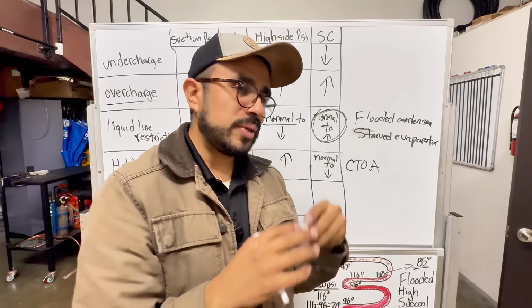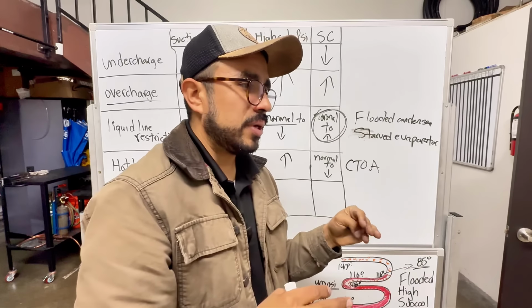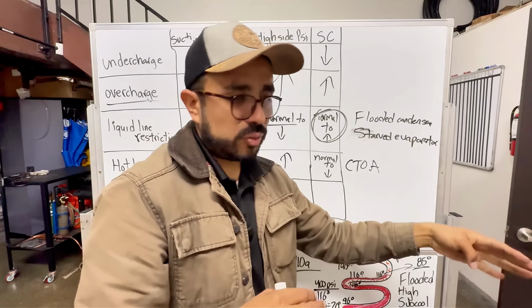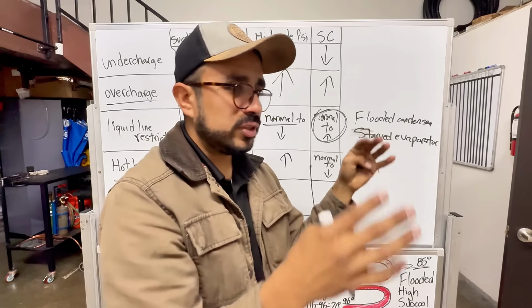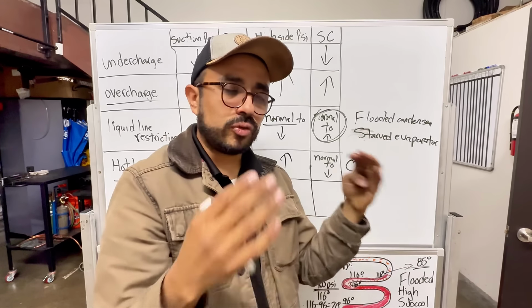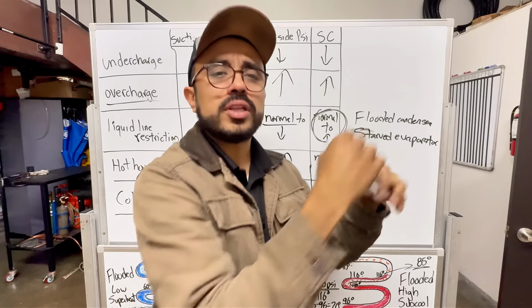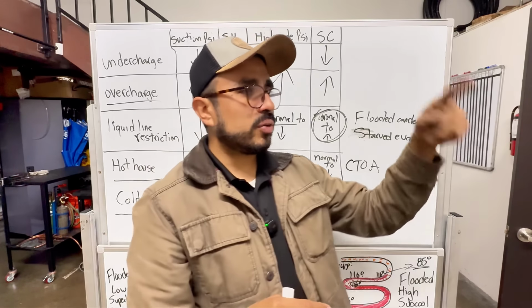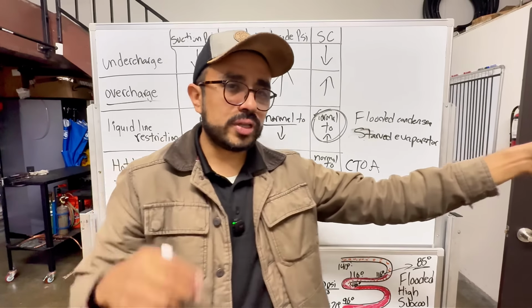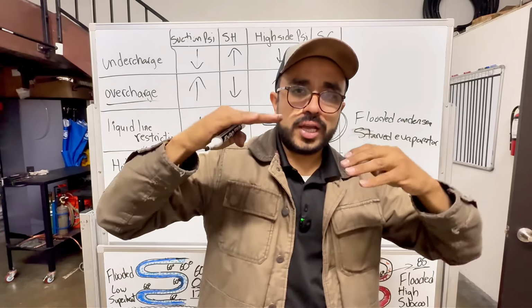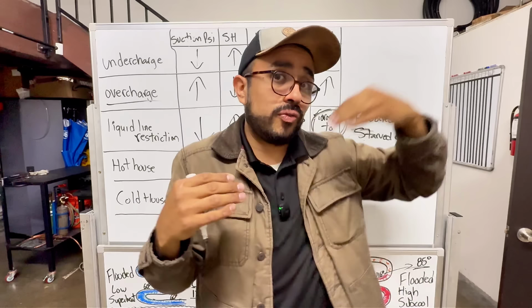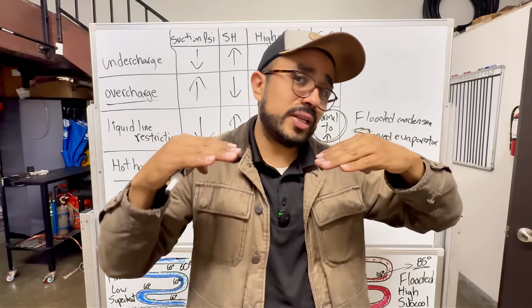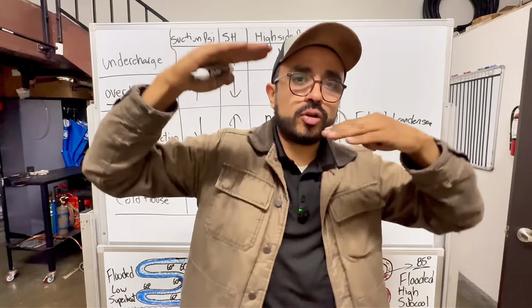If outside is 85 degrees for a CR14, the condensing temperature over ambient will be automatically plus 20 degrees. So if it's 85 degrees outside, your condensing temperature is going to be 105. It kind of goes with it. So if it's 105 outside, your condensing temperature is going to be 125. It kind of goes with it.